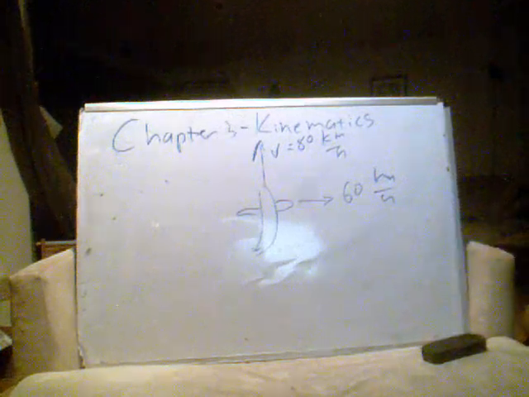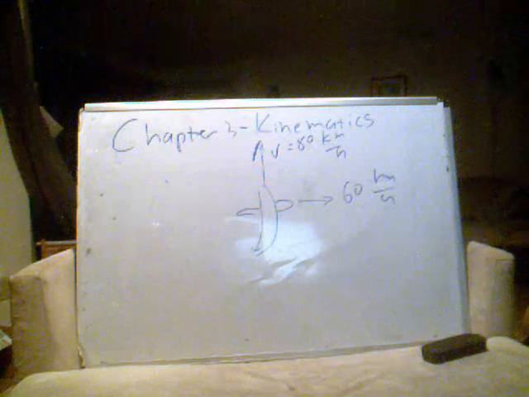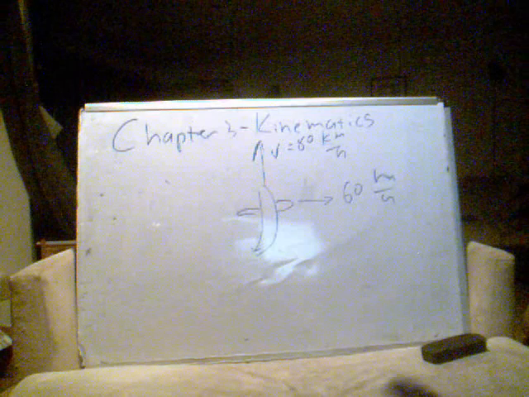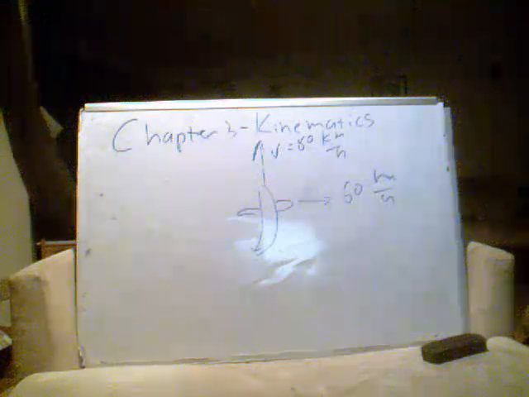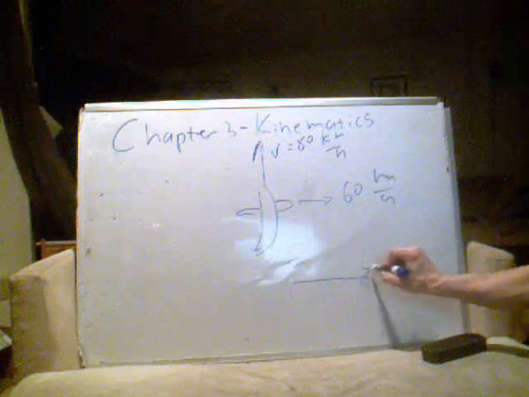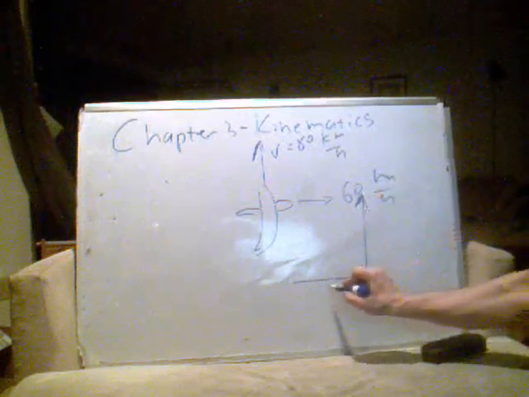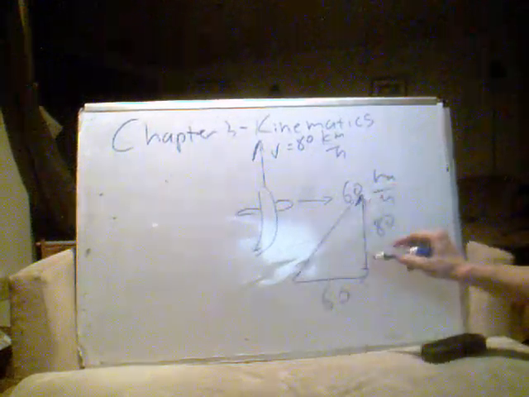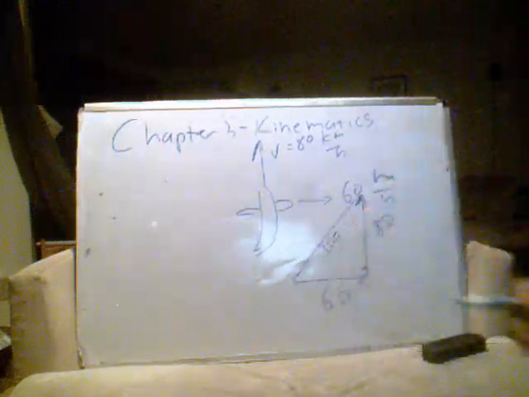How fast is it actually moving? Well, in order to do that, you would have to invoke the Pythagorean theorem, right? This is 60, this is 80, and you can do the math yourself to figure out that this is 100.